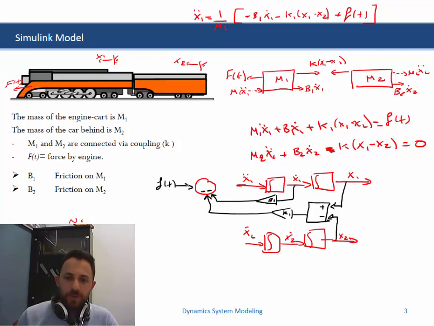The summation of those three elements is multiplied by 1 over m1. So we need again a gain, 1 over m1. Similarly, we can determine x2 double dot.